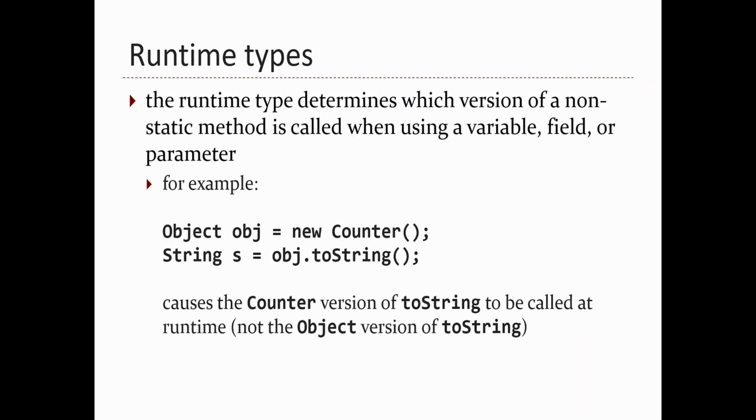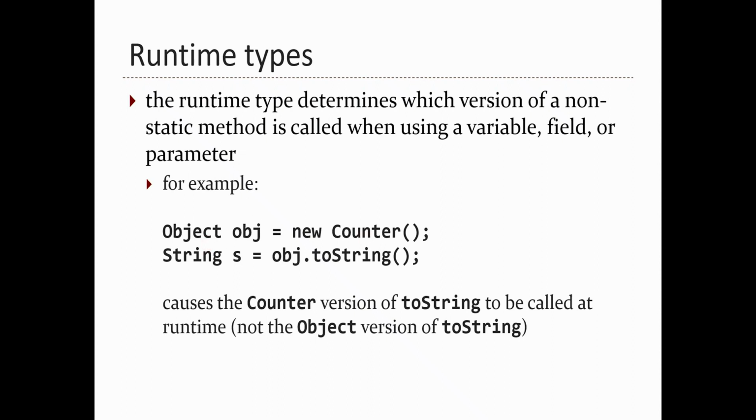The runtime type determines which version of the method you get when you call a method using that object. So for example, declared type Object, runtime type Counter. If I use obj to call a non-static method like toString, which version of toString do I get? Well, I don't get the Object version of toString.